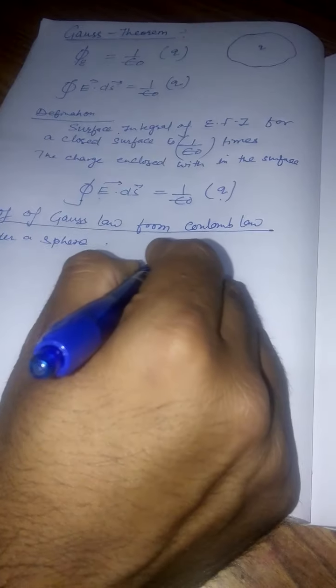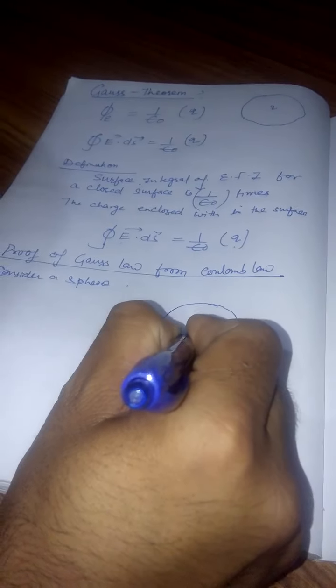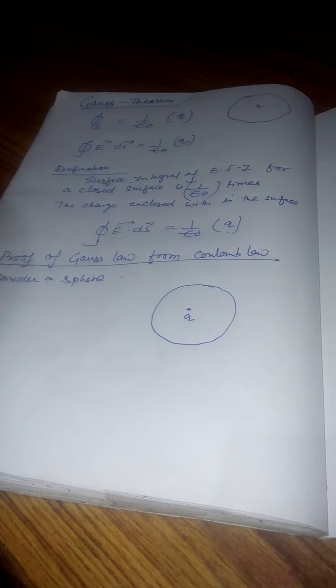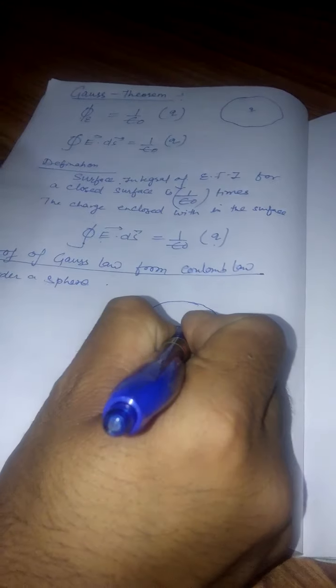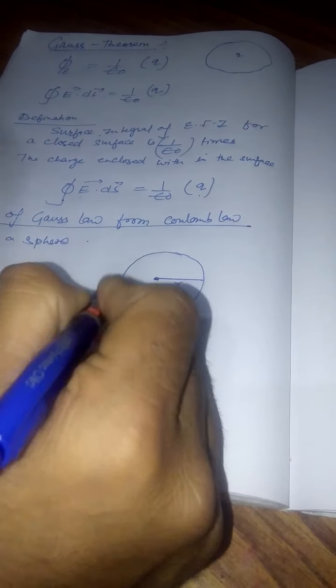At the center of this sphere, a charge q is placed. The radius of this sphere is r, small r.